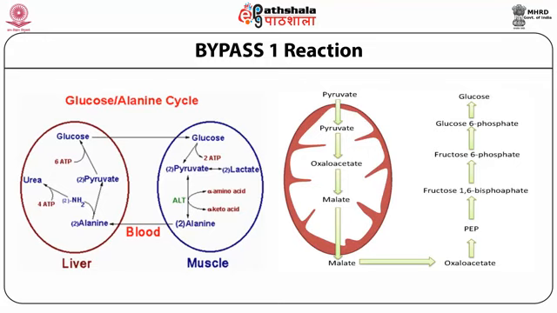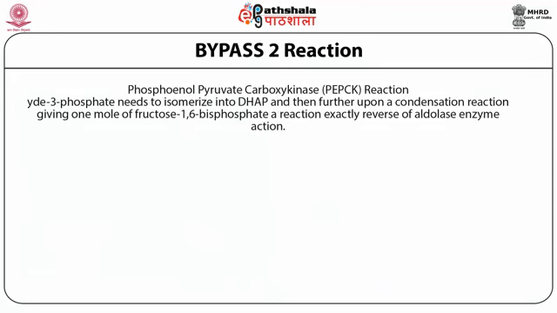Then ultimately malate is converted into oxaloacetate, to phosphoenol pyruvate, to fructose 1,6-bisphosphate, to fructose 6-phosphate, to glucose 6-phosphate, and ultimately it results in the formation of glucose. This is bypass reaction 2.